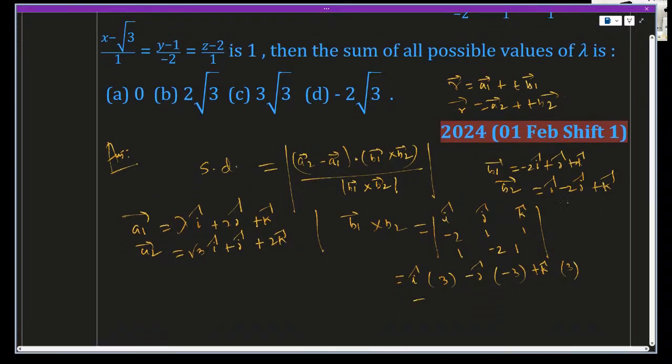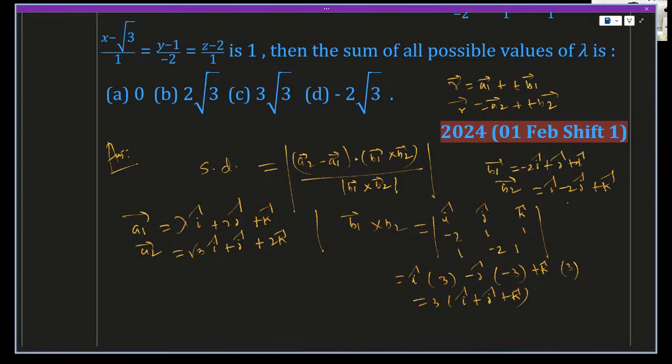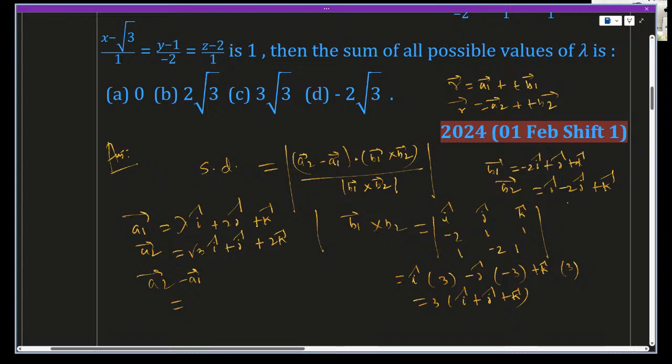So B1 cross B2 is nothing but 3i plus j plus k. Isn't it? A2 minus A1, you can see that this is root 3 minus lambda into i cap minus j cap plus k cap.